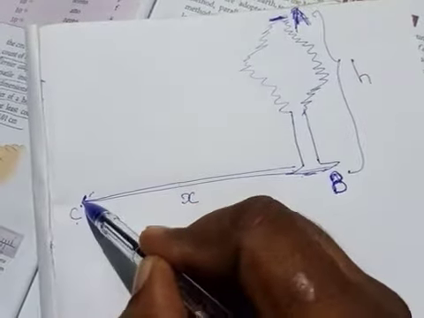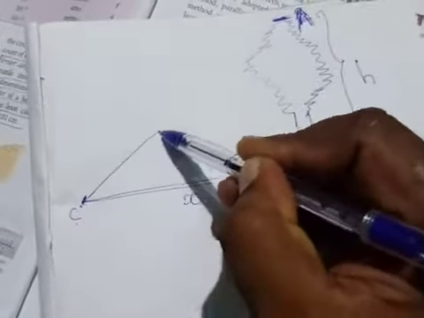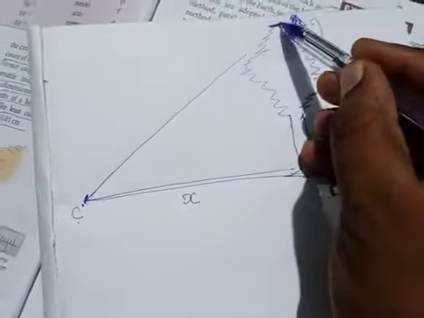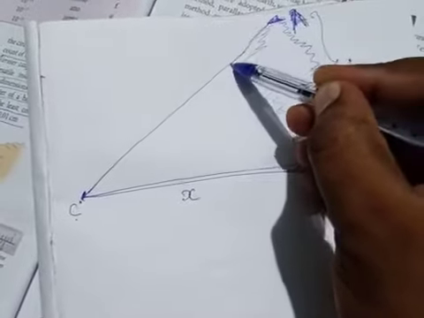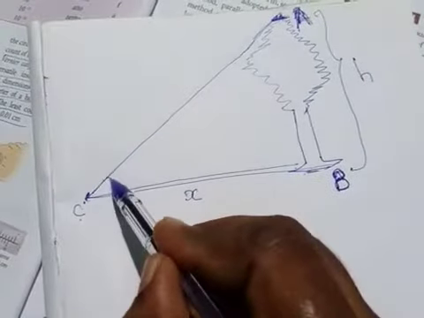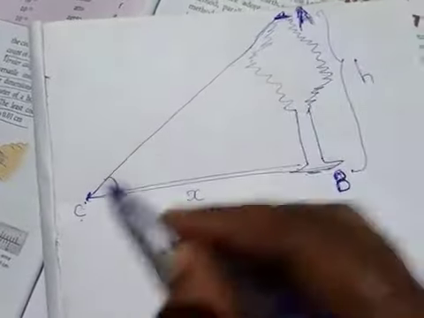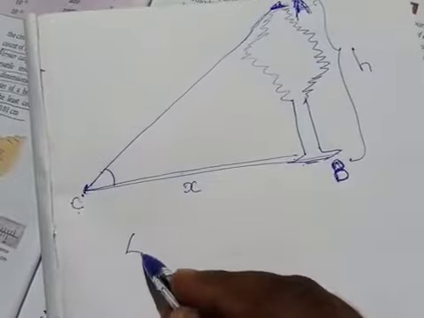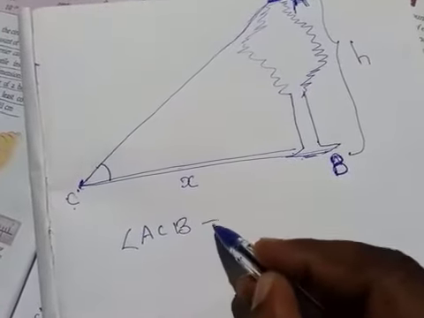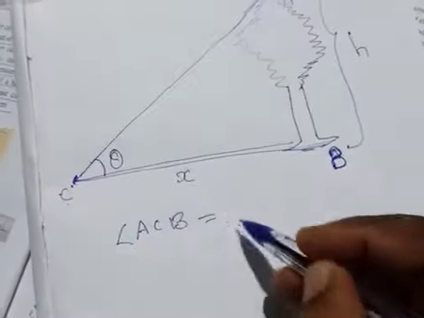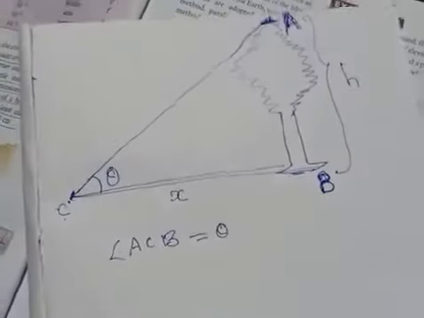Here you can use a range finder so that you can measure the distance from this point to this point. So you will get an angle of elevation ACB, so you can write angle ACB equal to theta.